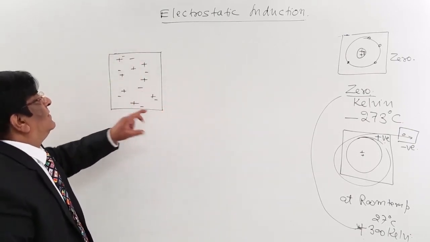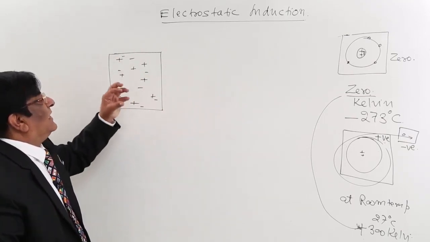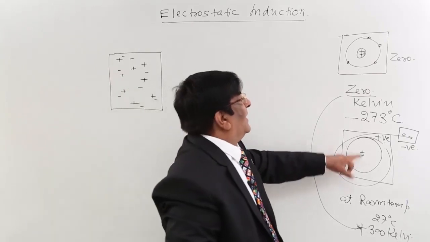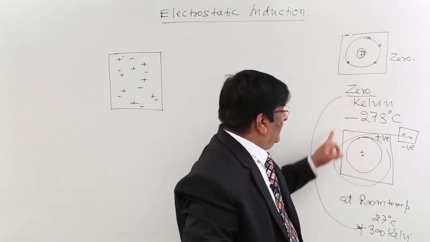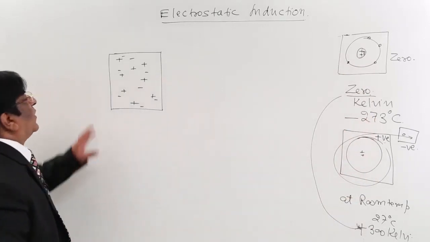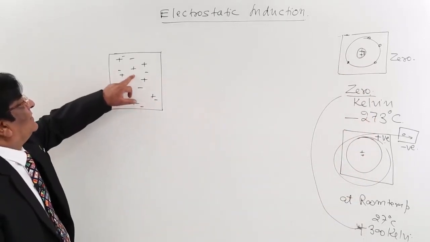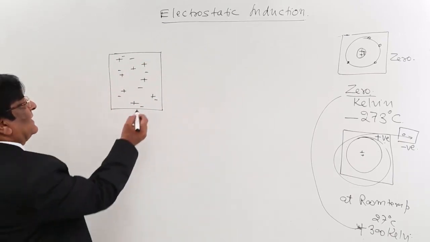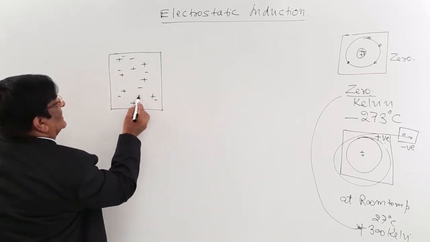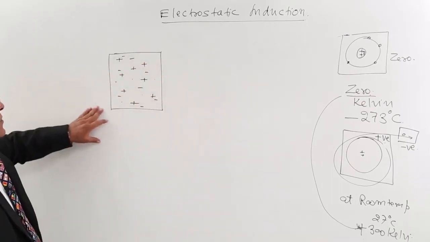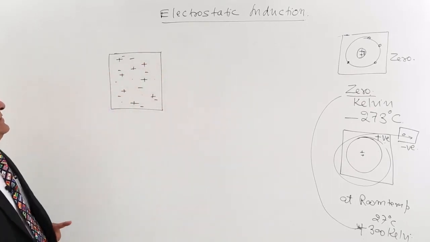But even though the net charge is 0, there are separate particles, positive and negative, that I have explained, which are formed at the higher temperature. All these electrons, negatively charged, keep on moving here and there, and they are spending time here, here, everywhere.